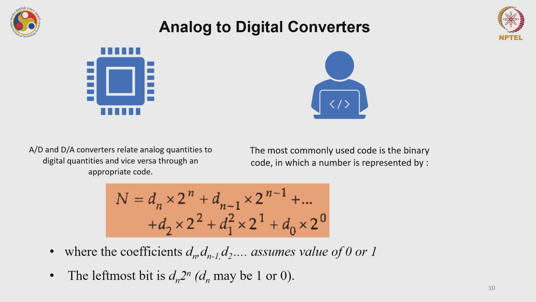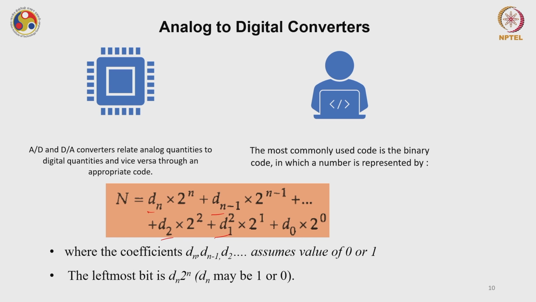So here one of the codes is written where N is equal to dn into 2 to the power n plus dn minus 1 into 2 to the power n minus 1 and so on till d0 into 2 to the power 0, where these coefficients dn minus 1, d2, d1, d0 are assumed to have a value of 0 or 1.